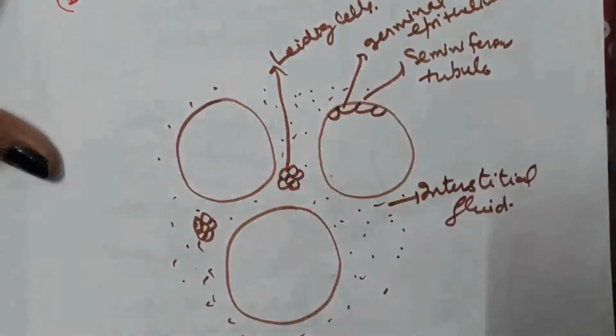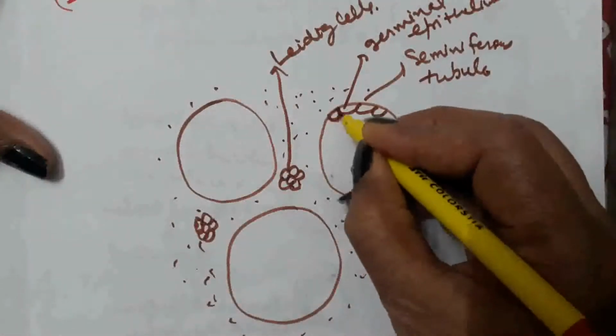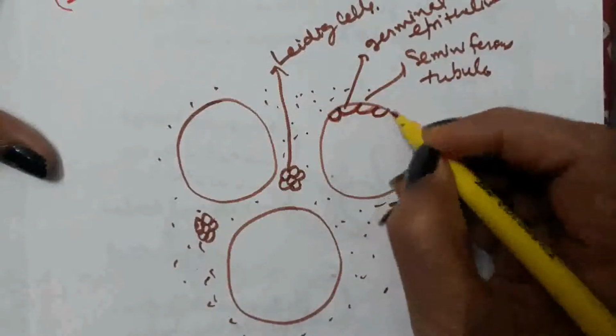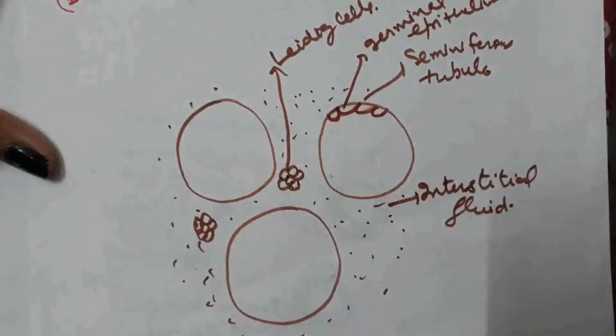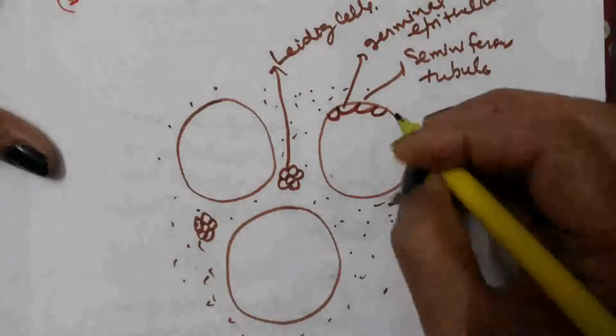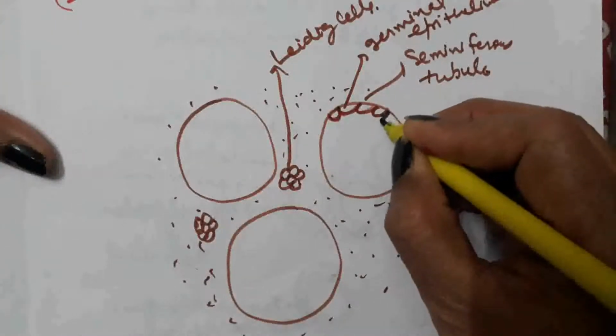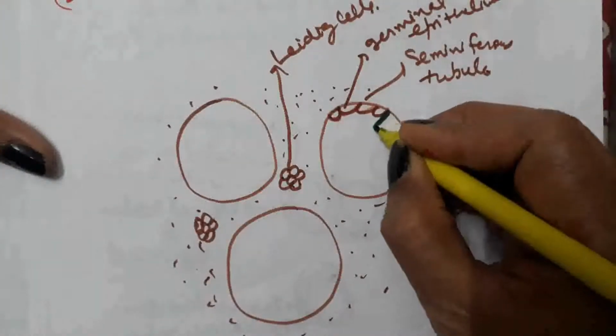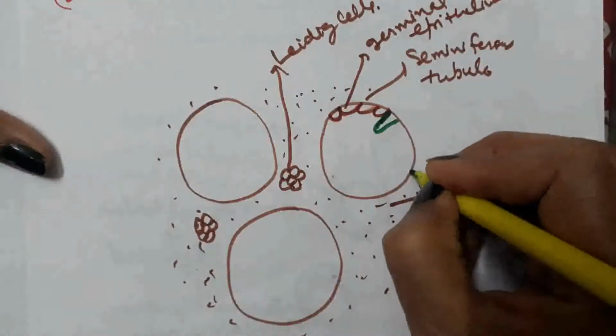Germinal epithelium is made up of two types of cells: cuboidal cells. A large number of cuboidal cells are present, and in between the cuboidal cells there are elongated, somewhat conical shaped cells.